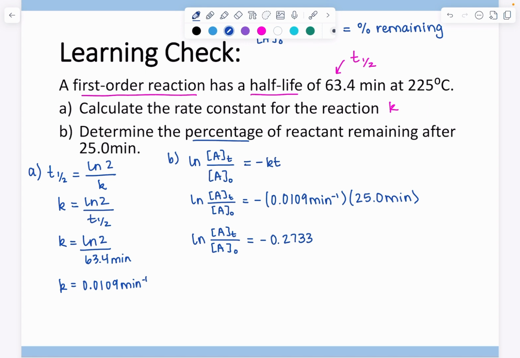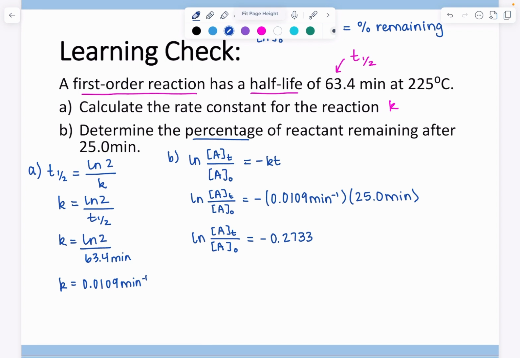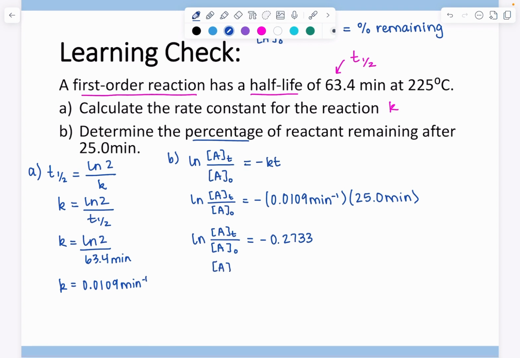Okay, so we have the natural log of this fraction, the ratio of what's remaining over initial, equal to negative 0.2733. Raise e to the power of both sides, and we get this ratio is equal to e to the negative 0.2733.